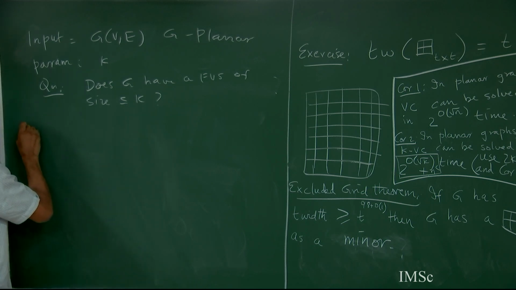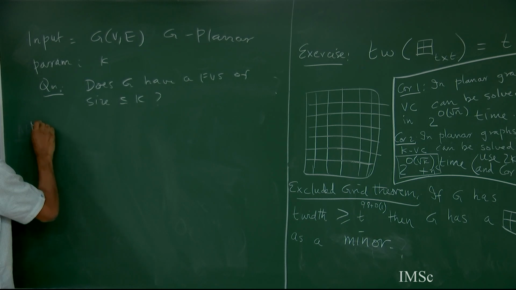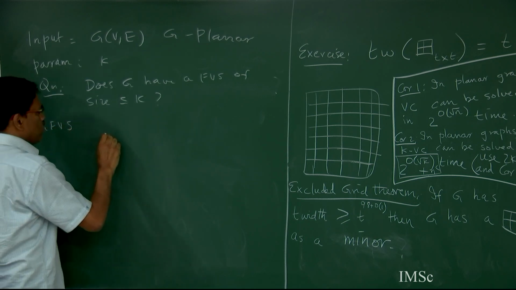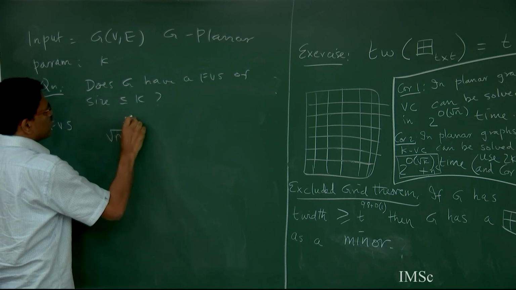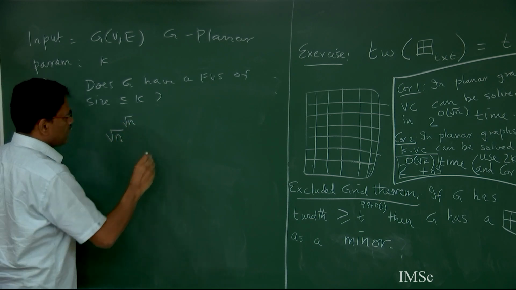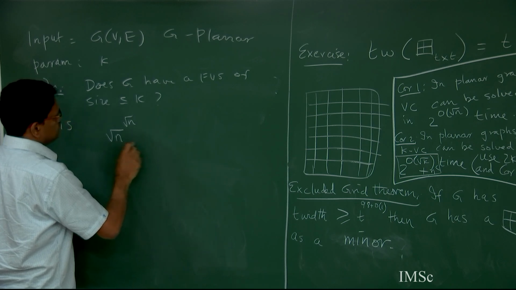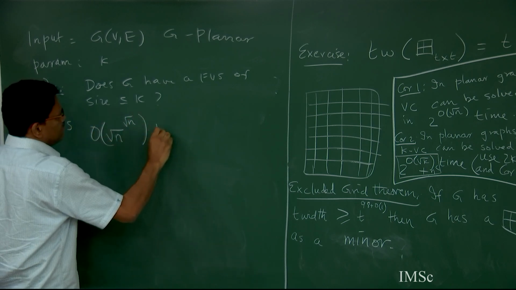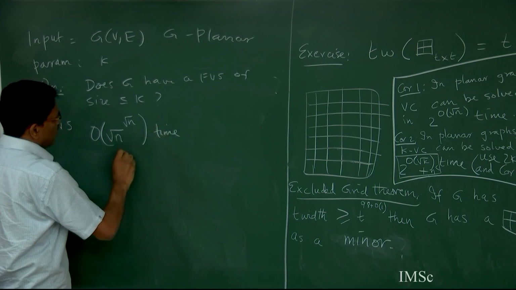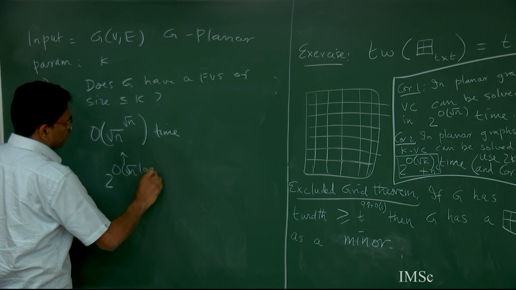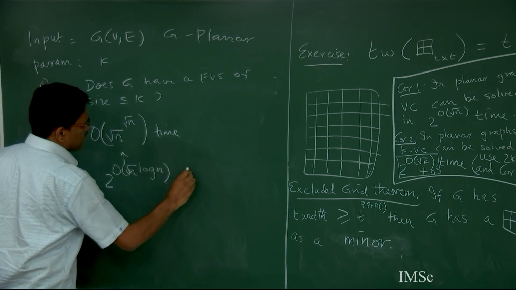So minimum FVS can be solved in, my tree width is like root n, so root n power root n, order this much time. This is still sub-exponential. Why? Because this is like 2 power order root n log n. Sub-exponential.